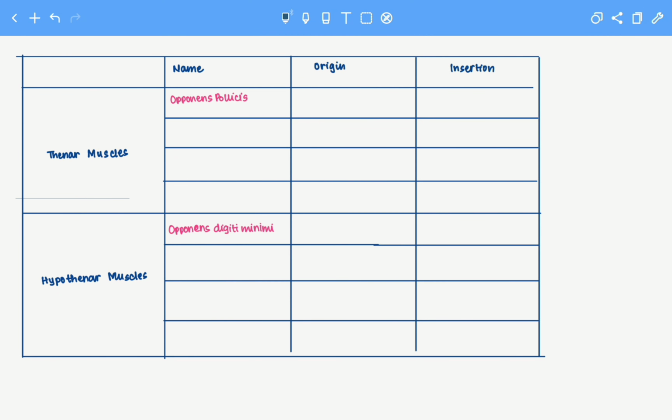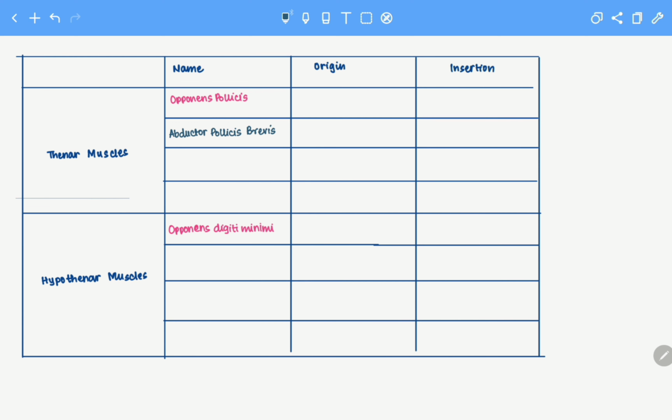The next muscle that we have is the abductor muscle. So we have the abductor pollicis. And since we have an abductor longus muscle, we'll also add the suffix brevis over here to state that this is a shorter muscle.